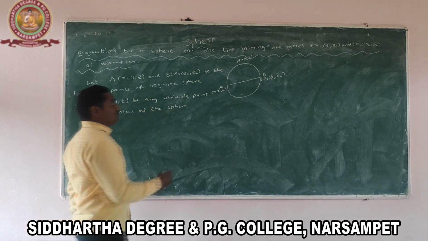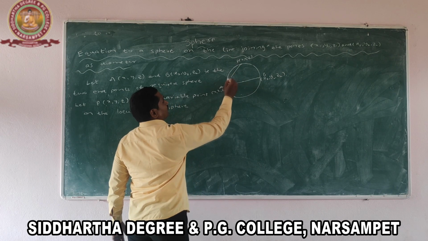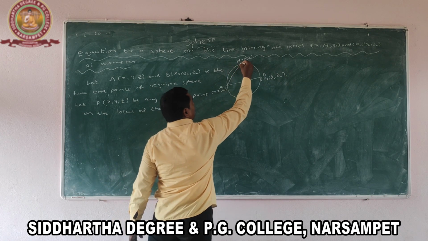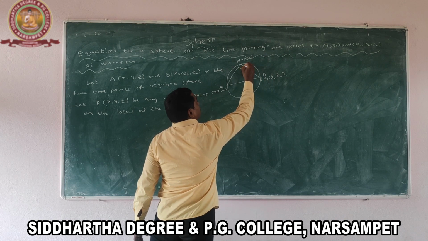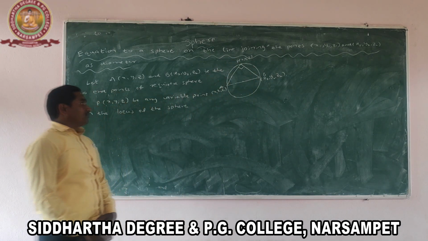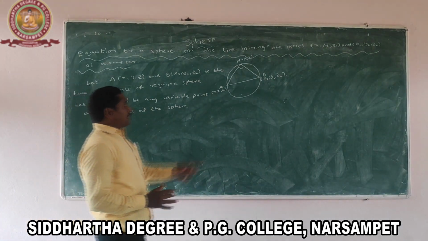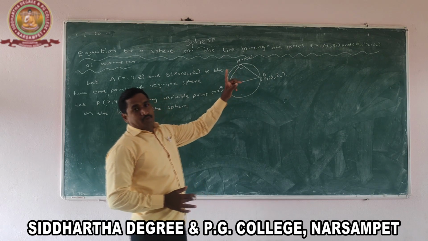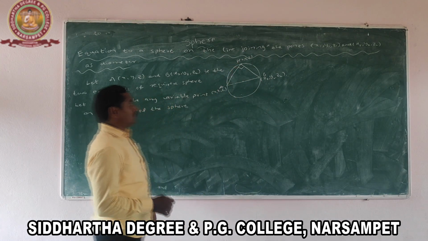Now if I join AP and BP, then AP and PB are at right angles at P.